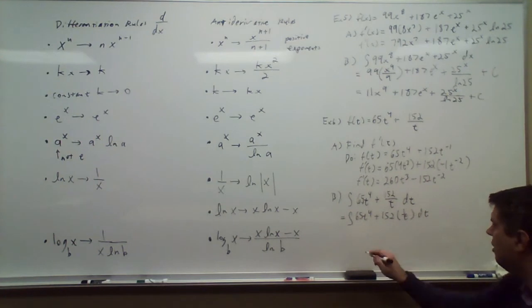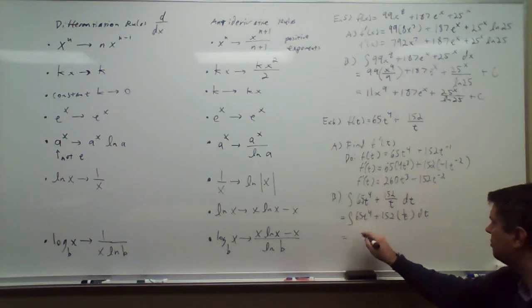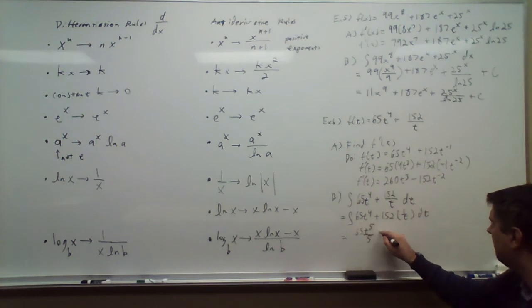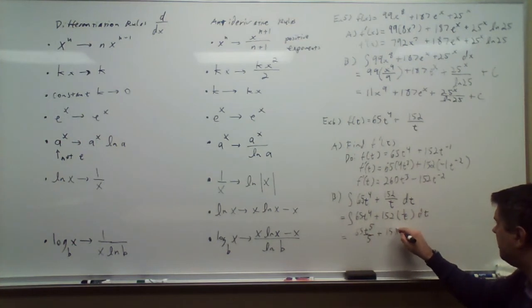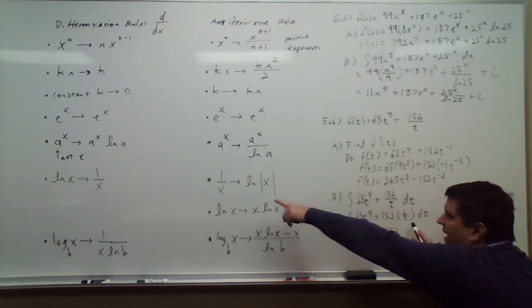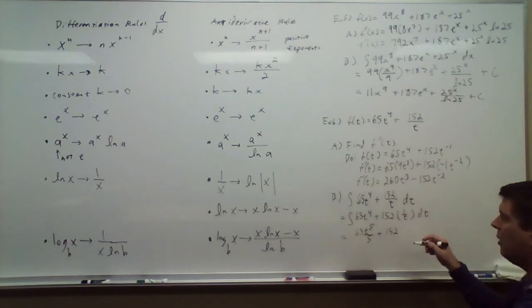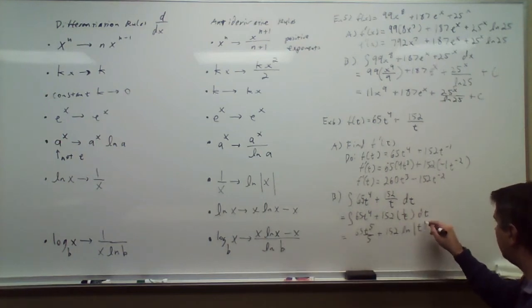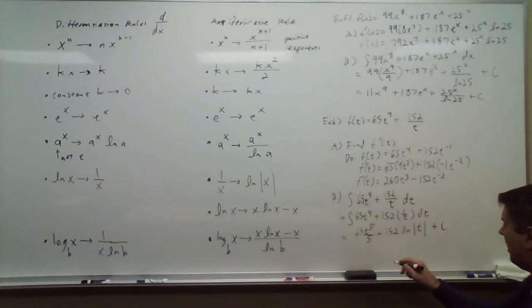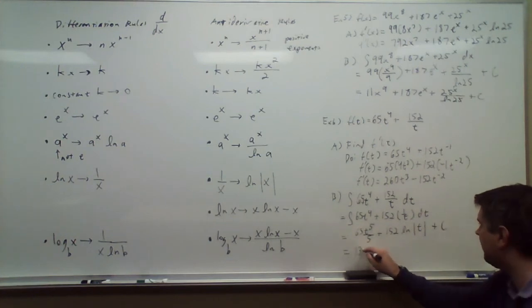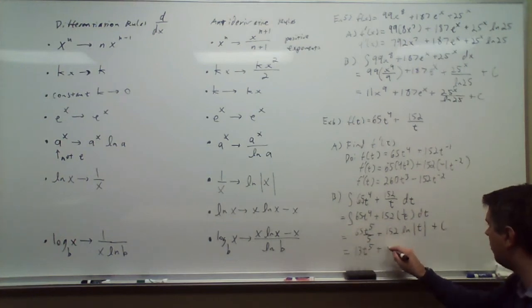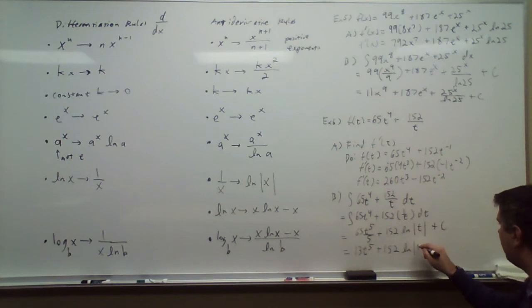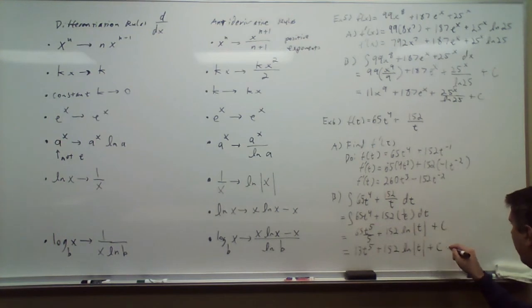Following this rule, this would give me 65t to the 5th over 5 plus 152, and the antiderivative of 1 over t with respect to t would be the natural log of the absolute value of t. And don't forget your plus c, which gives me 13t to the 5th plus 152 natural log of the absolute value of t plus c.